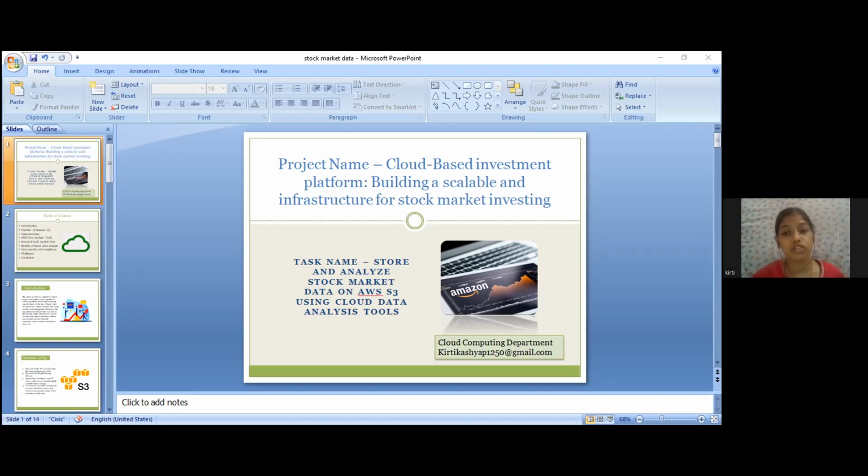Concepts of S3. These are the concepts of S3: buckets, object, key, region, data consistency model. A bucket is a container used for storing objects, and every object is incorporated in a bucket. Objects are the entities which are stored in an S3 bucket.